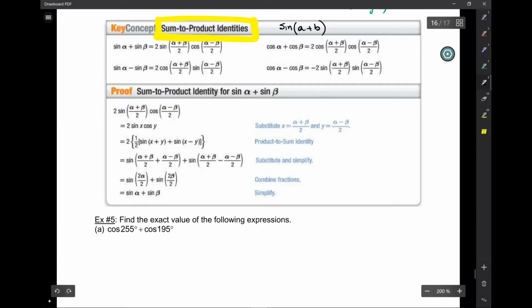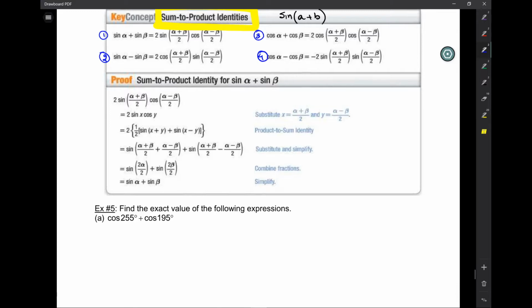If I see this on the test, you're going to have problems from all of chapter 5. First, assess what you have. I have cosine of an angle plus another cosine of a separate angle. So that's one of these. If I label these 1, 2, 3, and 4, which one are we going to use? 3.